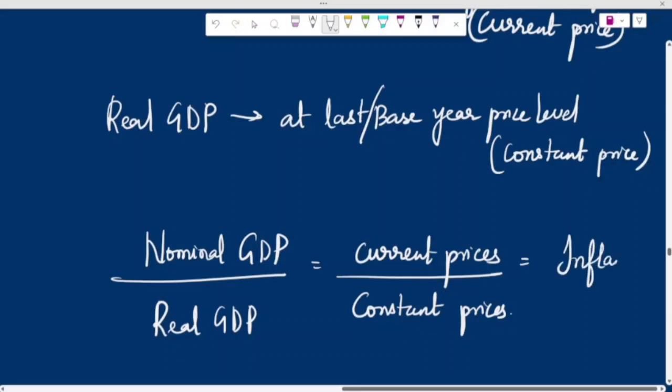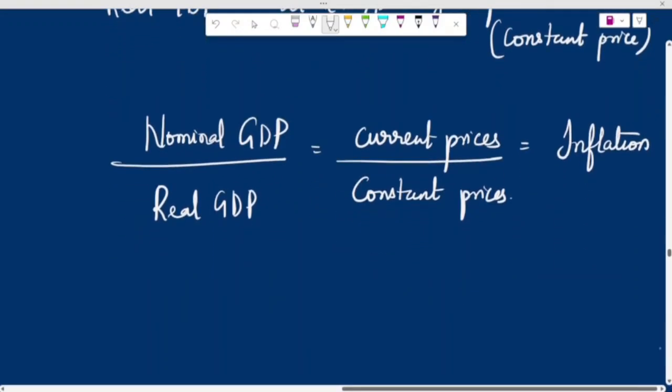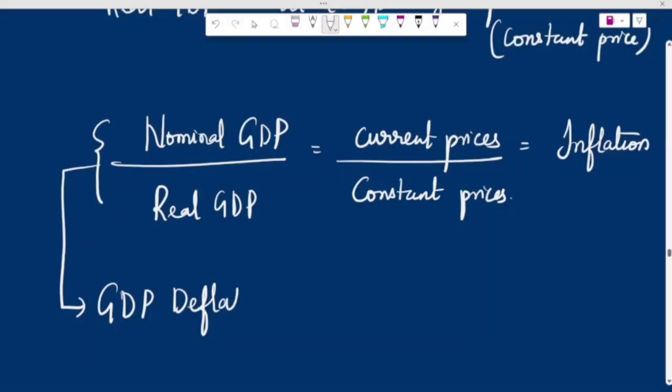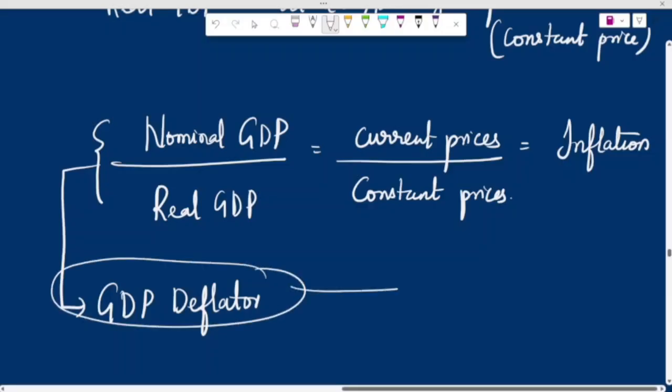And this concept can be called the GDP deflator, right? We are deflating the GDP with the help of the previous year prices or base year prices. And this GDP deflator will be a measure of inflation.